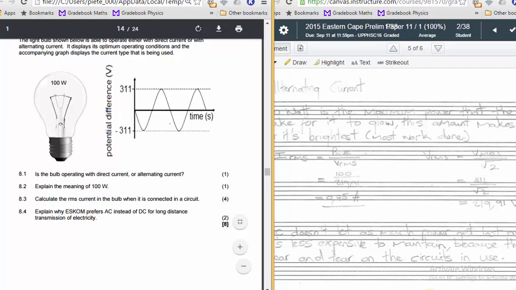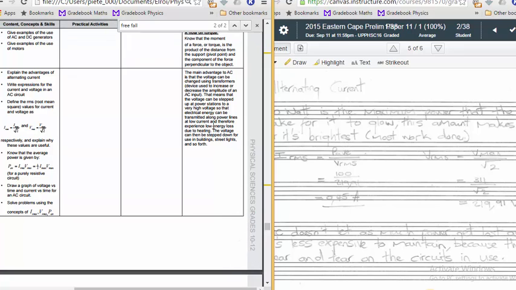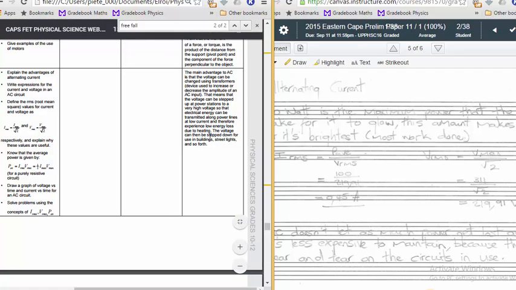So at power stations, the voltage can be stepped up to a very high voltage, so that the electrical energy can be transmitted along power lines at a low current. So that's what the student and the other student were saying as well, to decrease the current by increasing the voltage at a low current, and therefore experience low energy loss.